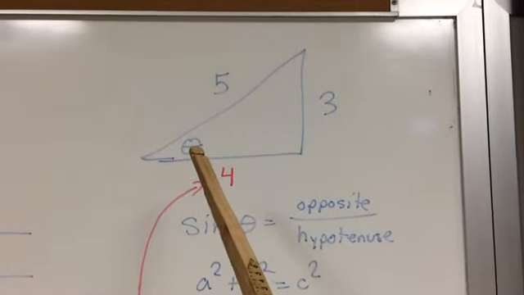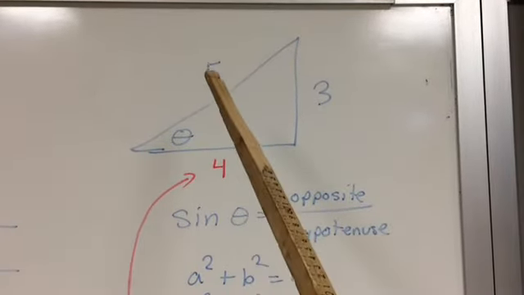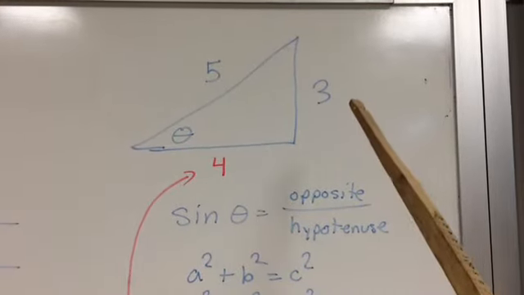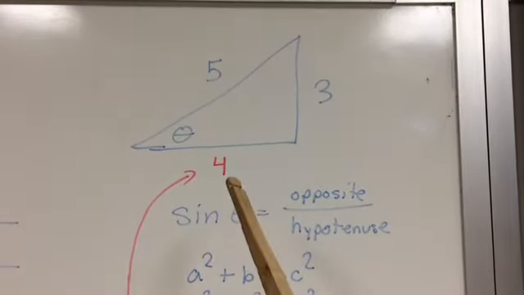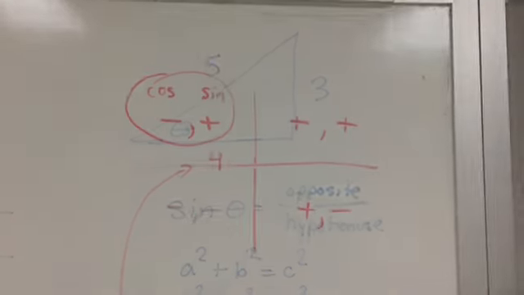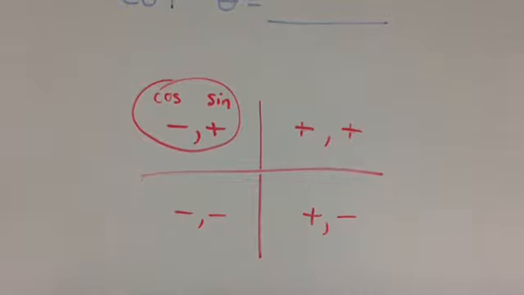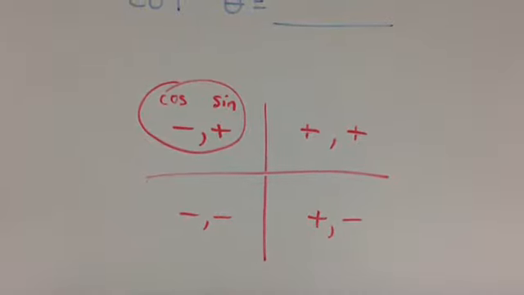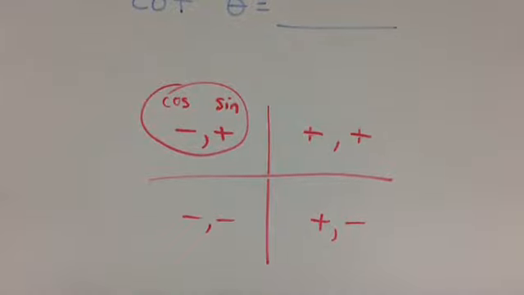Cosine of an angle is the adjacent side over the hypotenuse, 4/5. The tangent of an angle is the opposite side divided by the adjacent side, 3/4. Because we are in the second quadrant, remember that cosine should be negative and sine should be positive.